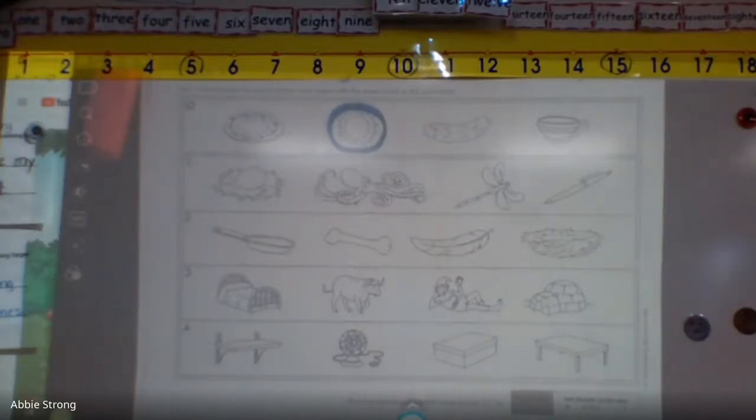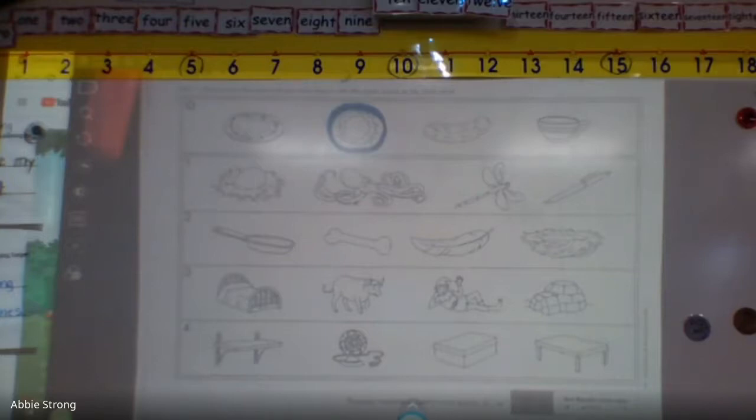Circle the picture that starts the same way as the word foot. Foot. Which word starts the same way as foot? Say the name of the picture to yourself if you're not sure. Foot. We need to start with these really quickly. Which one starts the same way as foot?